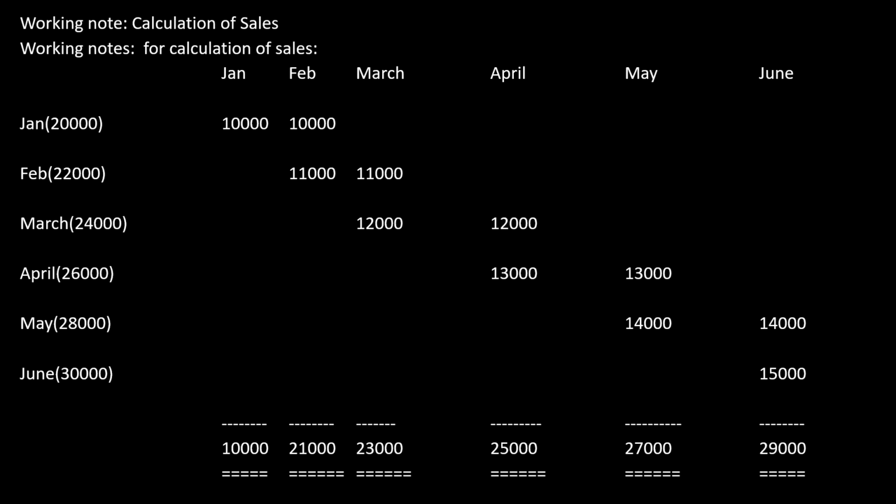Then 28,000, 50% is 14,000, then again remaining is 14,000. Then June, 50% of 30,000 is 15,000, the remaining 15,000 will go to July. So we need not worry about July. We are preparing a budget only for January to June. So now we make a total for all the columns here and we get the total sales here. Okay, now we'll go to the next calculation.